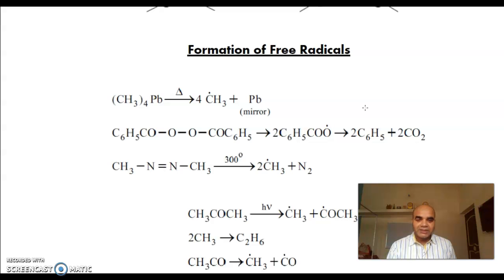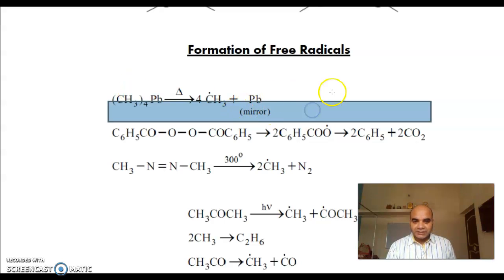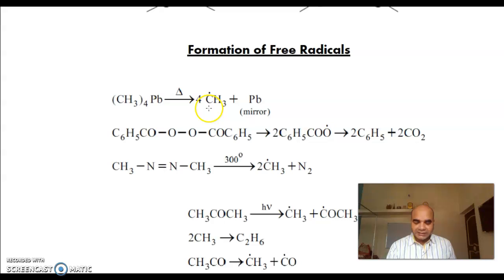A physical process can be heat. In the very first example, this is tetramethyl lead, and when it is heated it forms the methyl radical. So by applying heat we can get the methyl free radical.